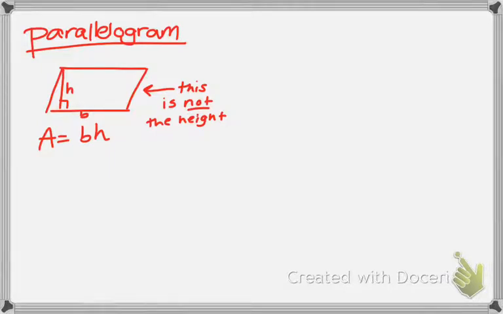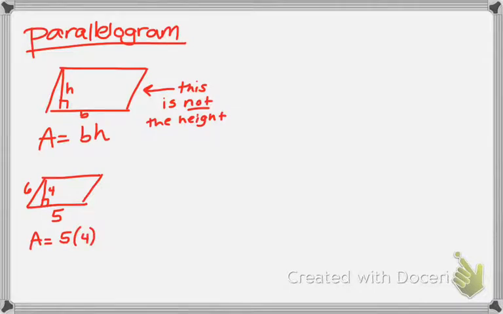Okay, if we had this as our parallelogram, where this was 5, this was 4, and let's say this was 6, and I need to find the area of that, I'm just going to do the base, which is 5, times the height, which is 4.